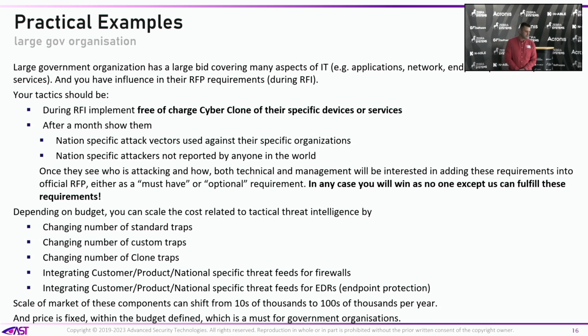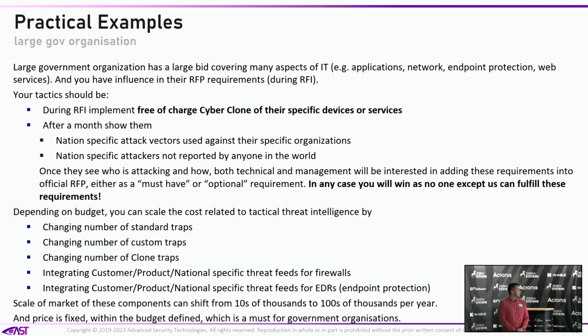So here we have a practical example for a large government organization. You have influence on their request for proposal requirements during the request for information. So the plan is to implement CyberClone free of charge on their specific device or service, and after a month show them national specific attack vectors used against the specific organization.